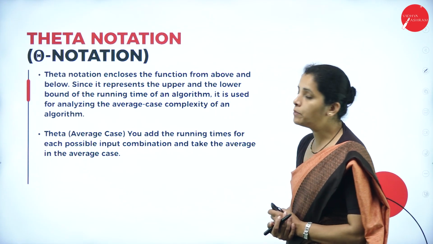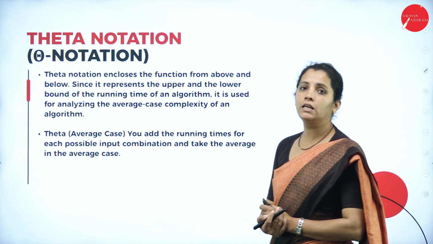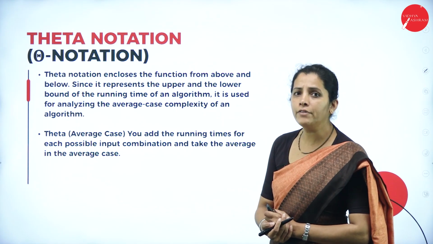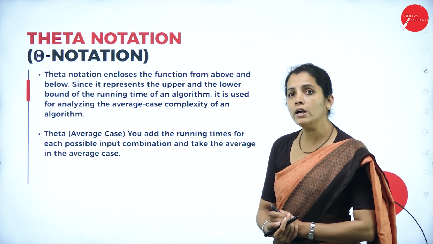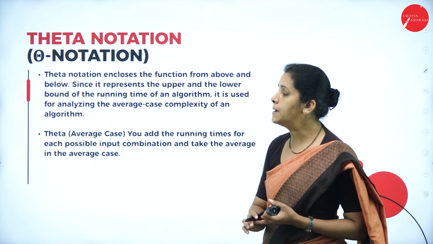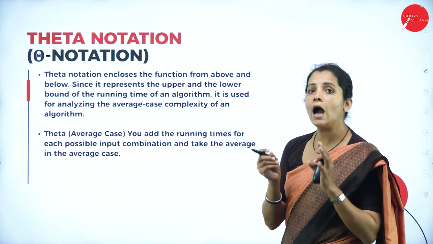Now I'm going to have the second possibility, that's nothing but the theta notation. So what is theta notation? That is average case. When I want average time complexity, then I'll go with the theta notation. Theta in the sense what? Average.